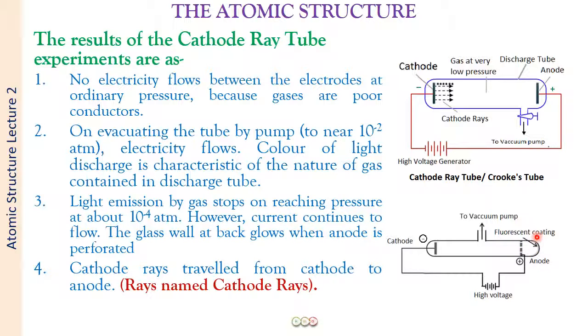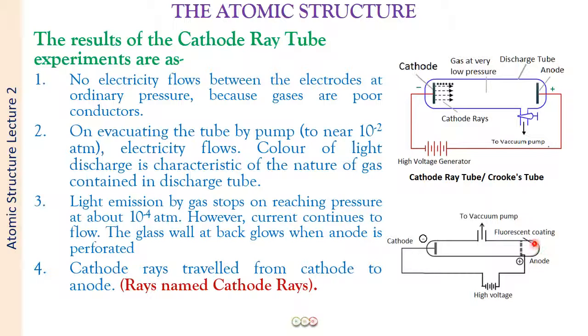back. This was glowing because there was a fluorescent or phosphorescent coating over here, the zinc sulfide. There is a slight technical difference between the two, but we will not discuss that now, so we can use either of the terms for the present moment.